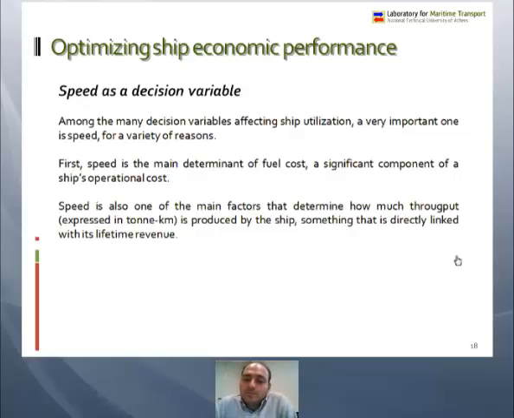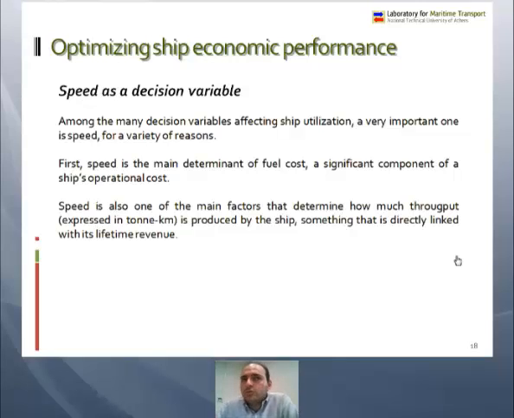Again, speed is also a main factor because it determines how much throughput, and we express throughput in ton-kilometers, is produced by a ship, which is directly linked with the lifetime revenue. If a ship sails fast, it will transport more and more cargo.